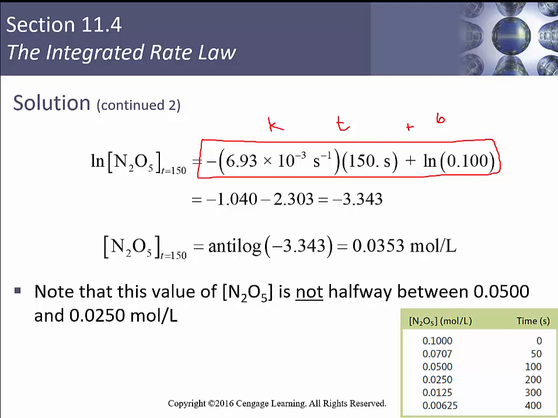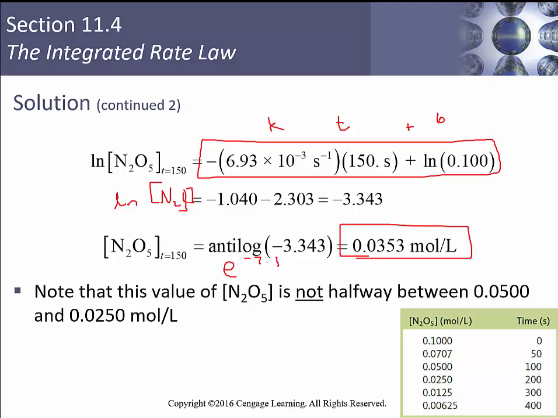We make the math happen. We're then going to end up with the natural log of the N2O5 concentration on the left. We need to get rid of it, so we're going to take the anti-log, so e to the minus 3.3, and we're going to get a value of 0.0353.